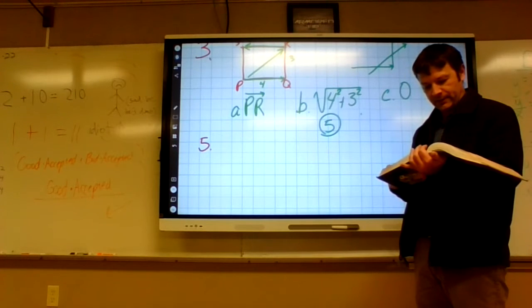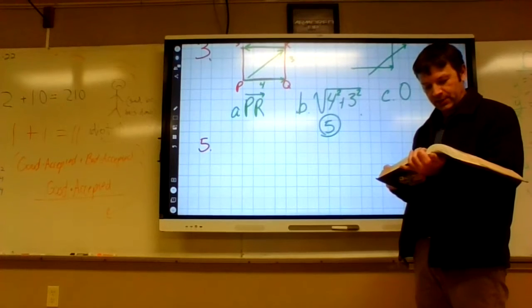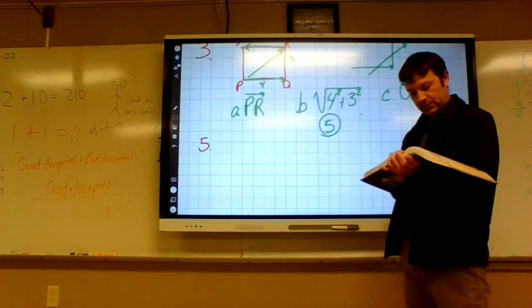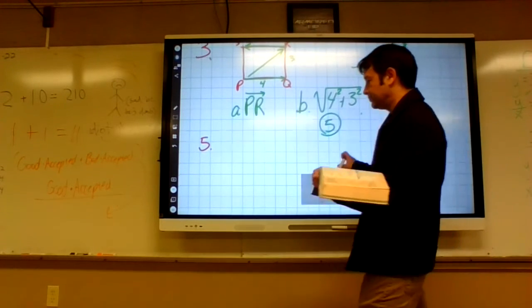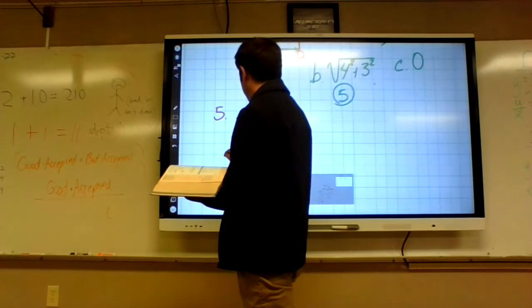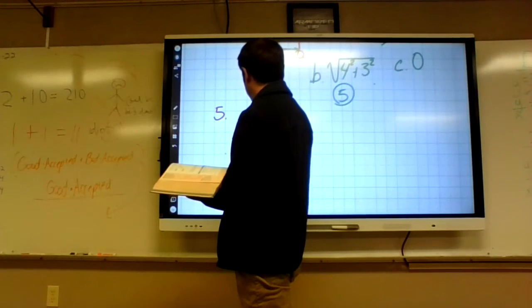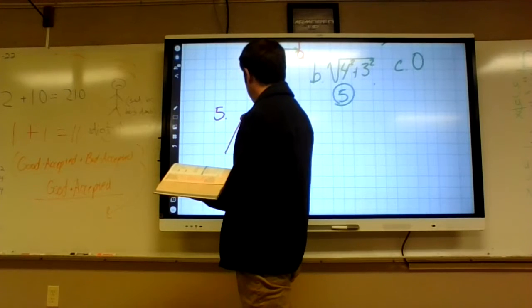Number 5, copy vectors u and v. So vector u is right 2 and up 4, isn't it? So 1, 2, 3, 4.